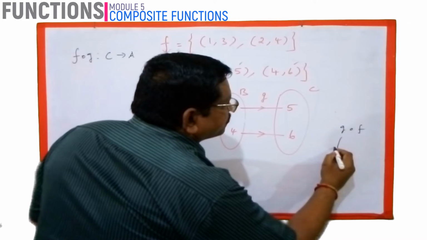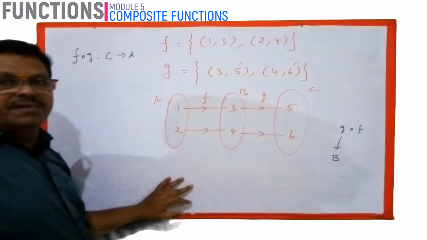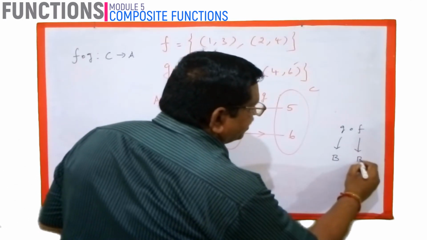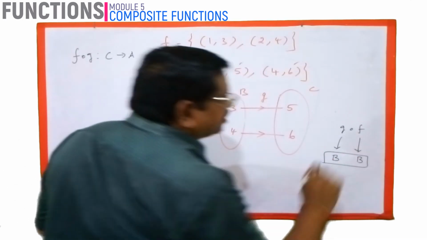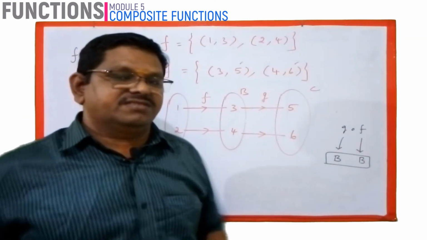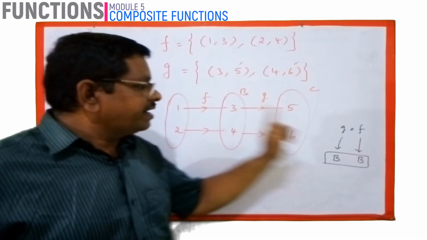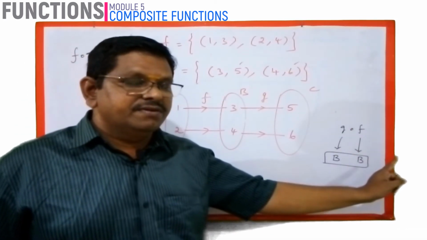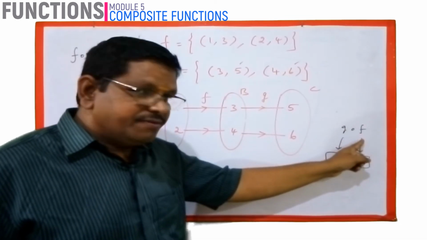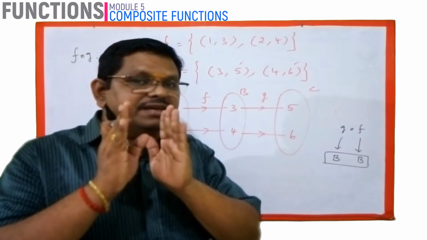The domain of g, that is B, and the range of f, that is also B, these two must be equal. Then only g composite f exists. I repeat again, if you want to find g composite f, the range of f and the domain of g both should be equal.